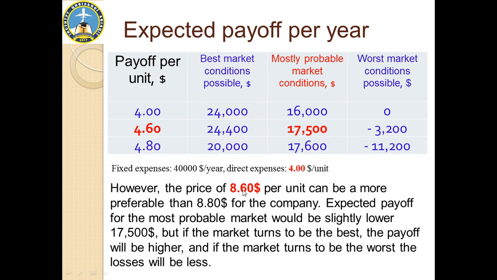Expected payoff for the most probable market would be slightly lower if the market turns to be mild, then the company will receive slightly less revenue from selling this software. But if the market turns to be the best, the payoff will be a little bit higher, even at this price option. And if the market turns to be worse, the losses will be less than in the previous case.